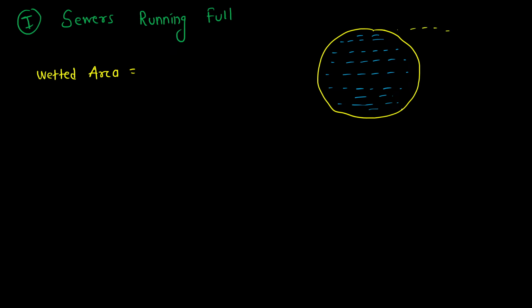So that area is called wetted area. This diameter is capital D, that is the overall diameter, and the depth up to which the sewage is present is small d. So in this case the wetted area A is equal to pi d square by 4.